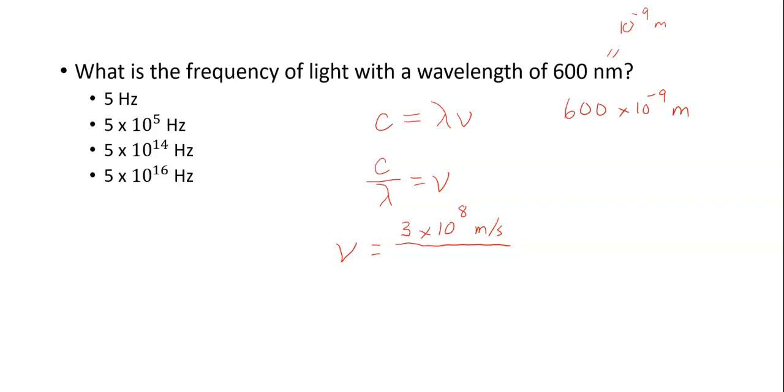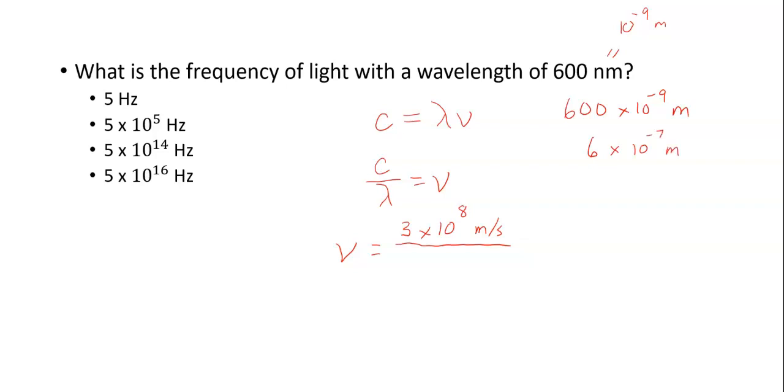You may find that 3 divided by 600 is no big deal, you can do that, but I prefer to convert this to a 6, and then when I do, I have to change this exponent by 2, because I moved the decimal 2 places. Now, in this case, this is going to be 10 to the negative 7th meters.